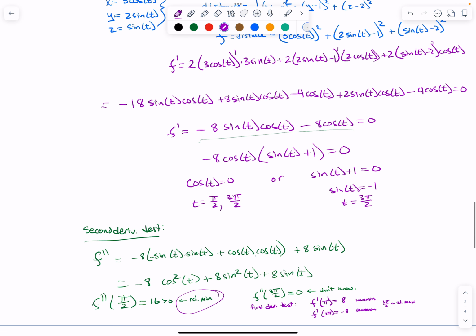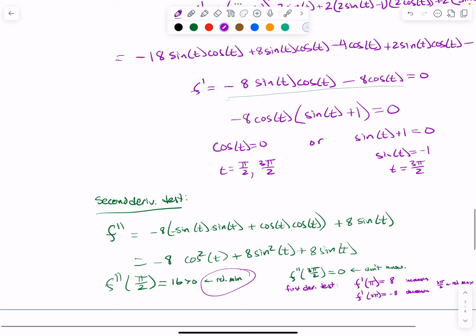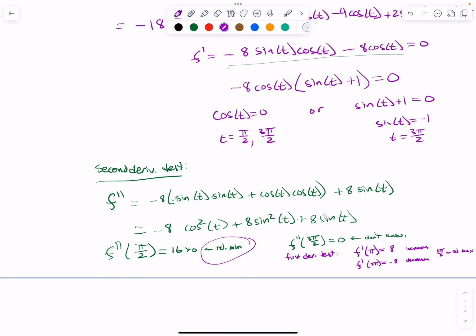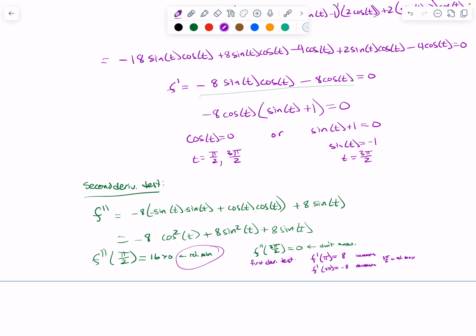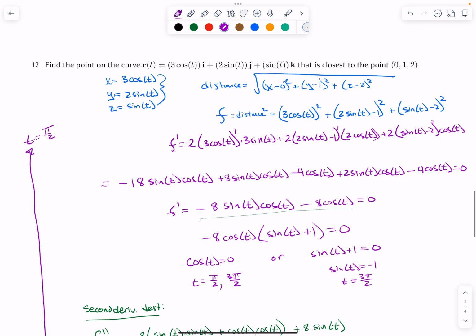I suppose that I'm cheating by not going through a little bit more work to make sure that this is an absolute minimum, but we're just going to go with this. So here we'll do t equals pi over 2, which means that x is equal to 3 times the cosine of pi over 2, which is 0.